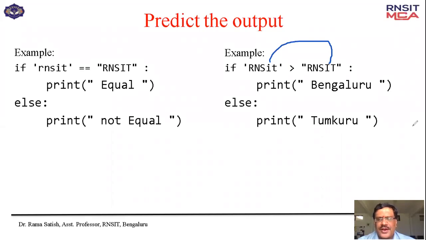So in this case, since this i is greater than capital I, it will print Bengaluru. This is how string comparison happens. The greater than symbol works just like with your integers and floating point numbers, the same way. So you get the output Bengaluru.